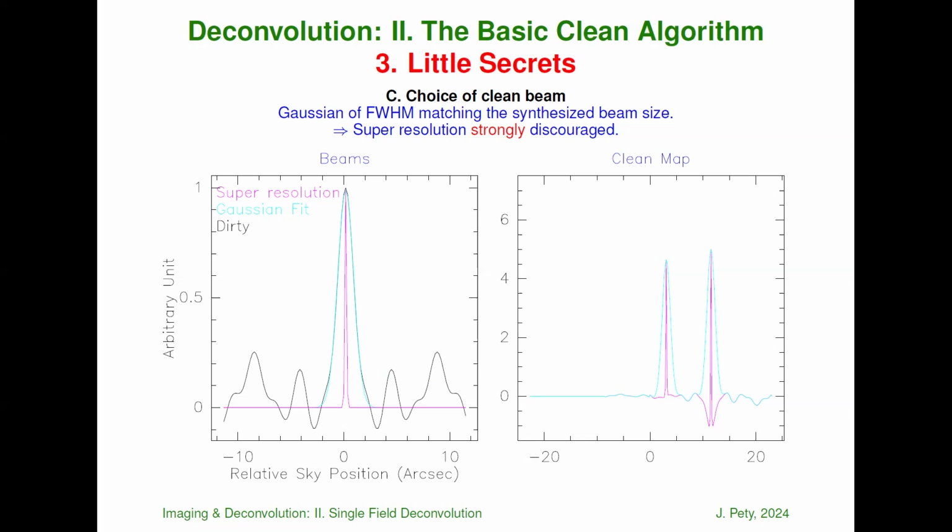Super resolution is, I'm doing cleaning and I'm clever. I'm so clever that I will not use as the regularization beam the beam that I fitted, the natural synthesized beam of my experiments. I will use a smaller one. That way, I get a better angular resolution.